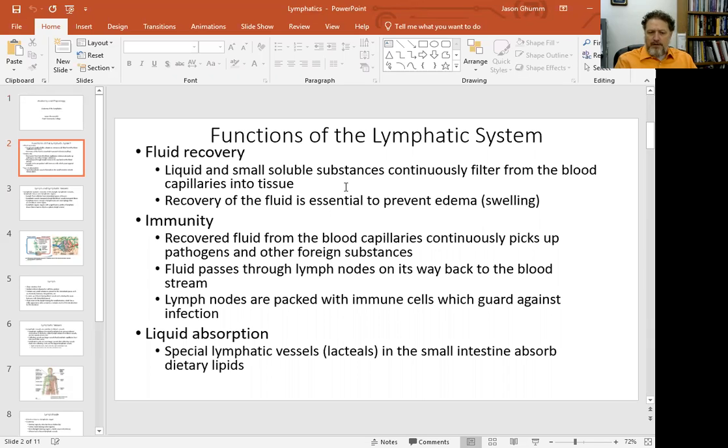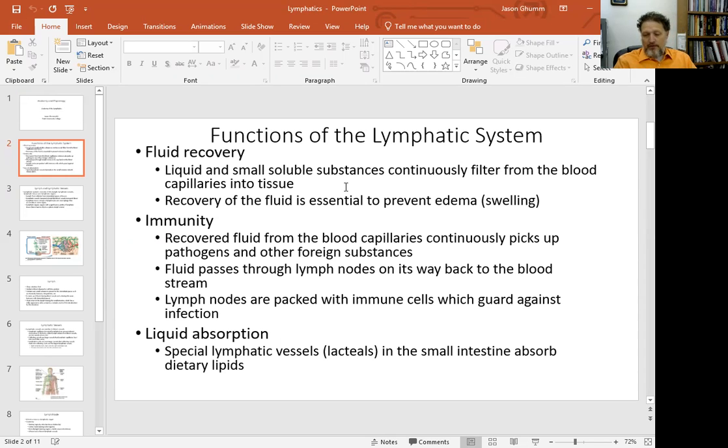It's also part of our immune system. As the fluid passes through the tissues, it picks up bacteria, viruses, particles of damaged cells, any foreign substance like that. The lymph system is similar to the circulatory system, so this fluid collects in these ducts on its way back.